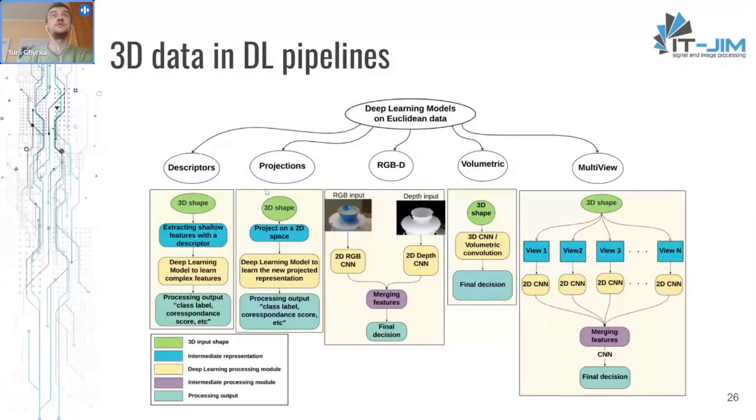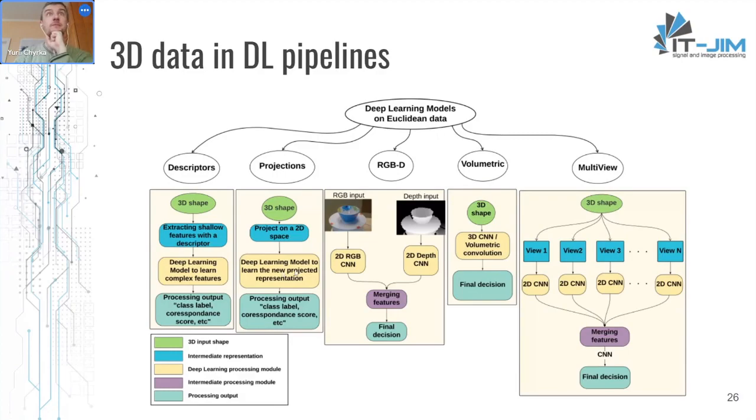When we talk about projections, the only preparation stage is the actual projection into two-dimensional space. And after that, we have our standard two-dimensional image that is further processed as in our conventional two-dimensional deep learning pipeline.